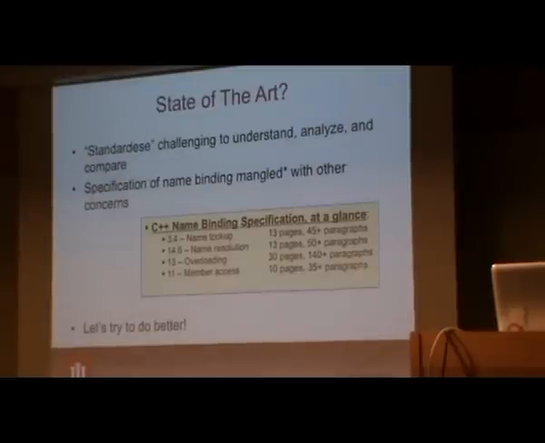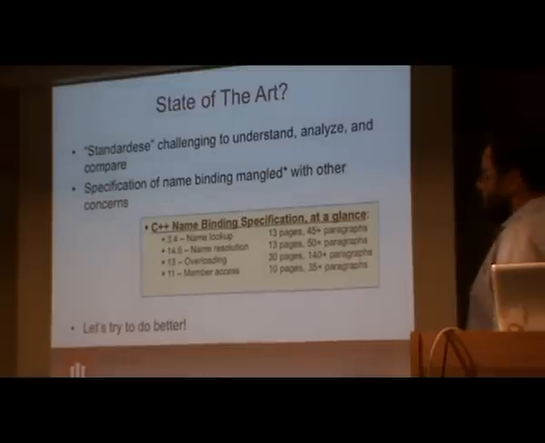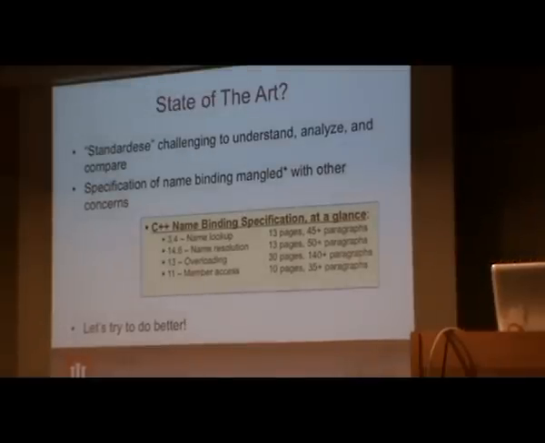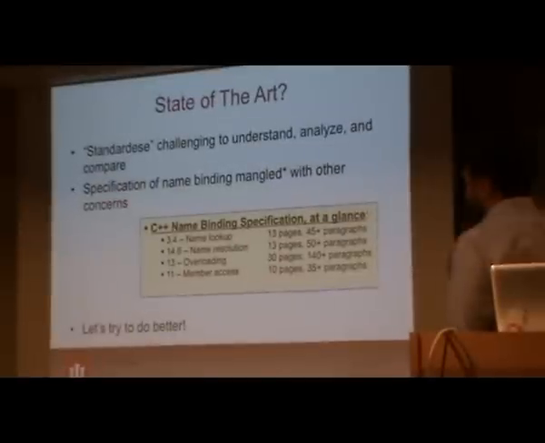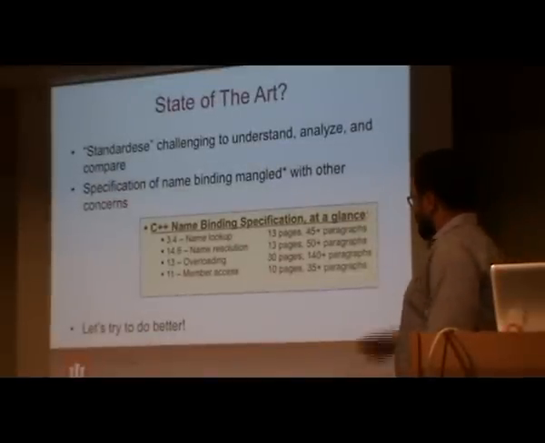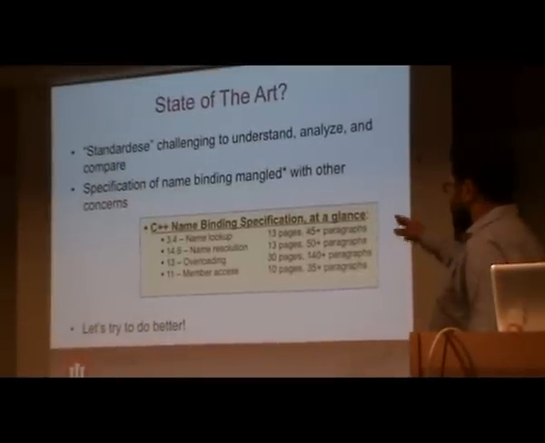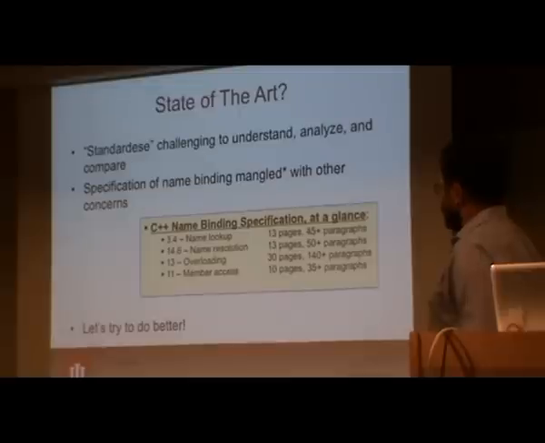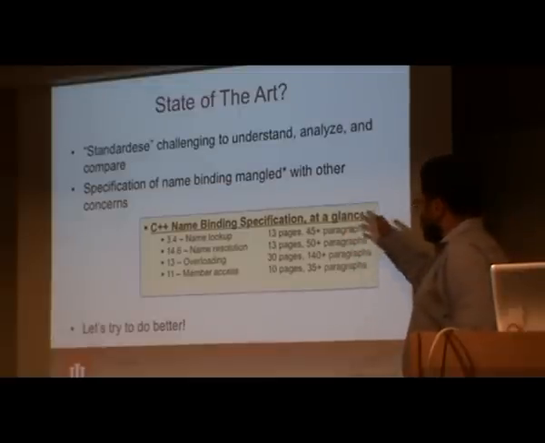So what's the state of the art to talk about name binding at this time? In C++, some of you may have seen the standard. It's a kind of semi-formal English language description, several hundred pages long. For the C++ name binding specification, those are some of the important chapters.